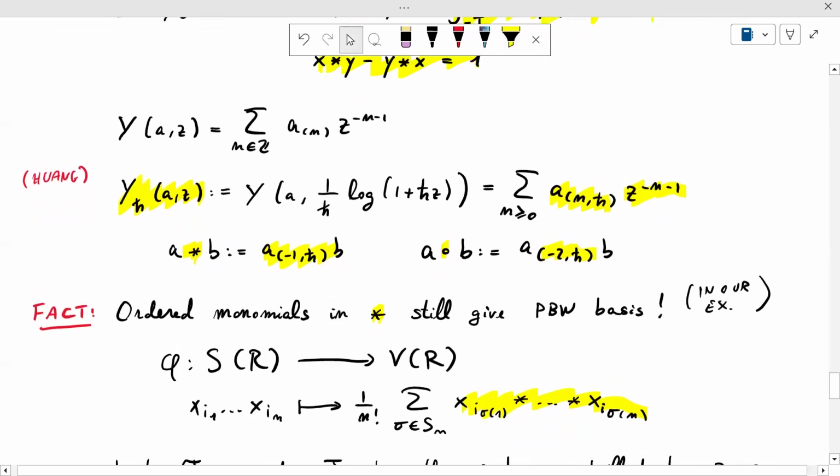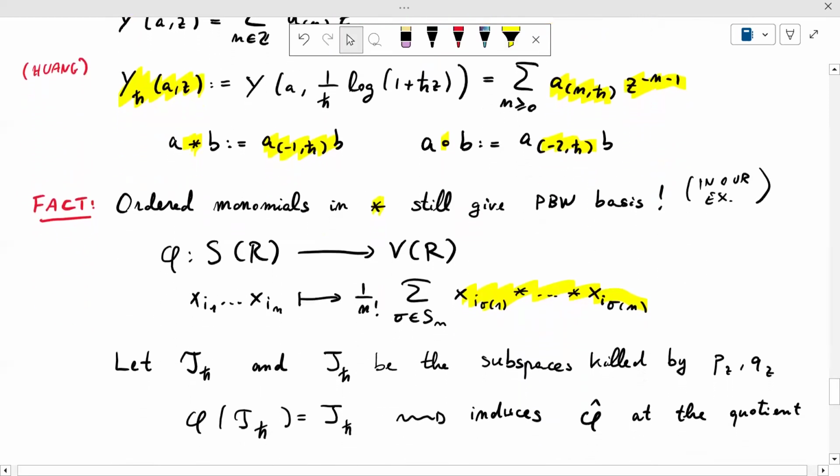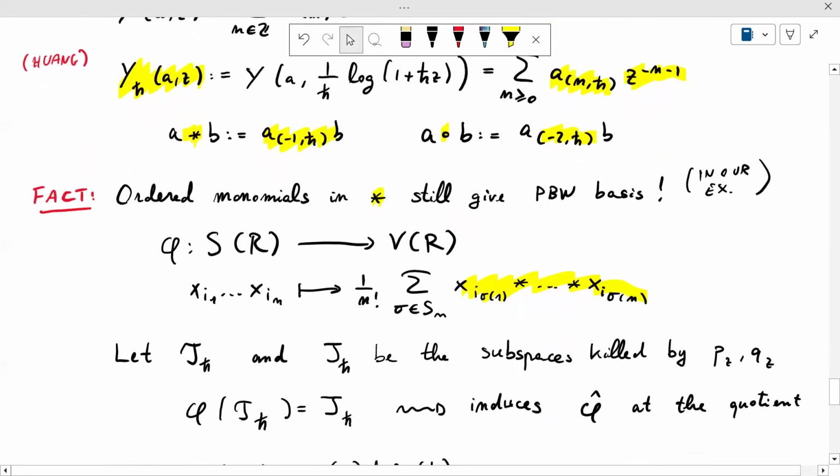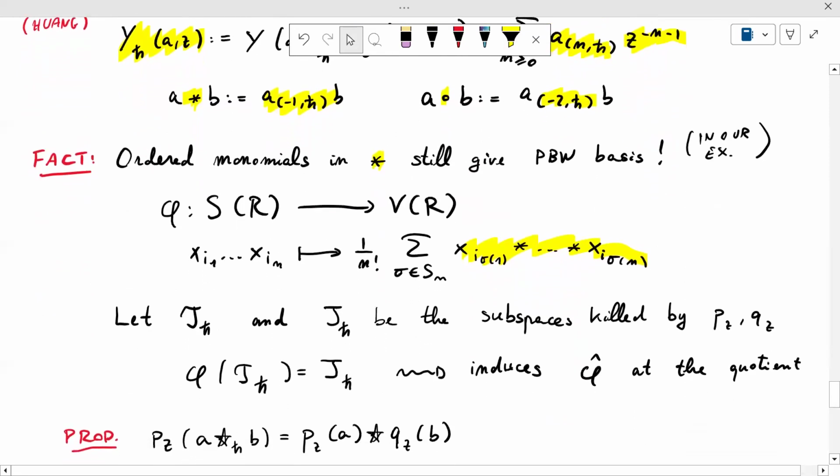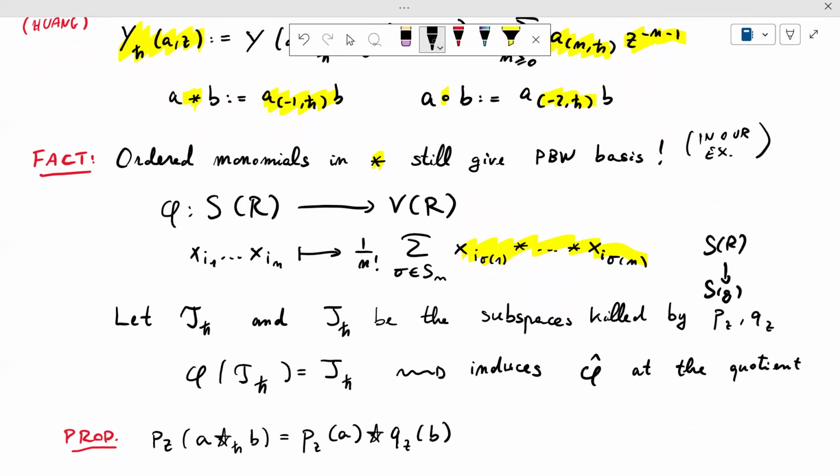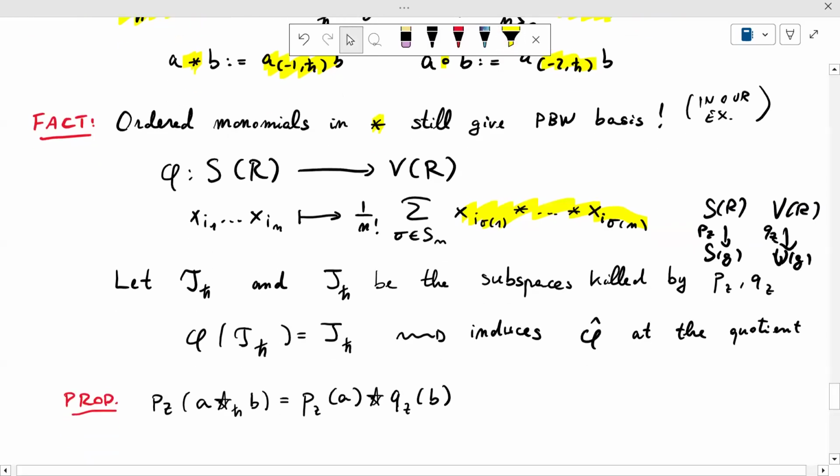It's not too hard to show, basically by showing that this map phi sends the kernel of one projection into the kernel of the other. So this will be p_Z and q_Z, and phi sends the kernel of one into the kernel of the other, and so one can show that now it actually works.